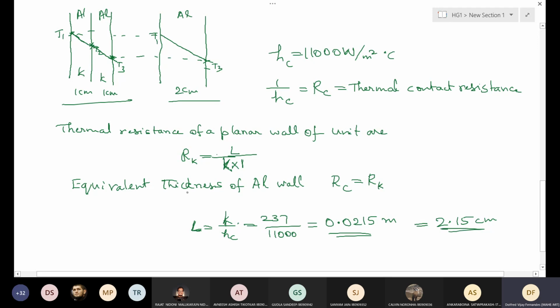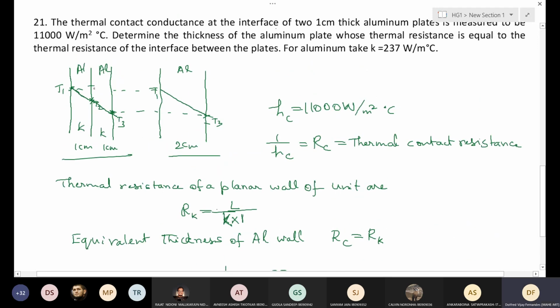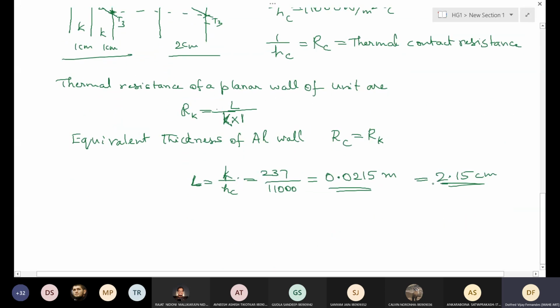So that means, okay, when there are two plates instead of one like this, then there is an extra resistance, like we are putting an extra aluminum wall of 2.15 centimeter thick. Okay.